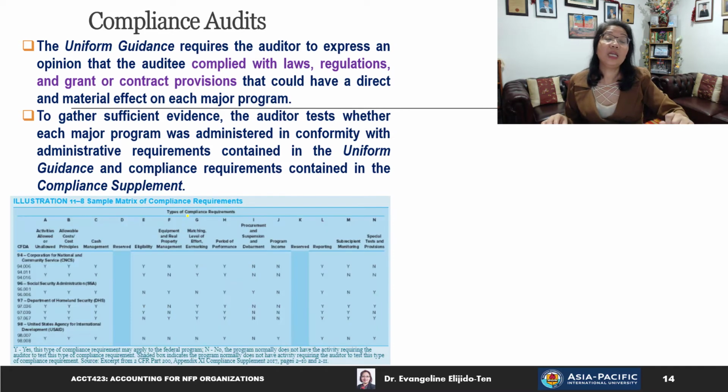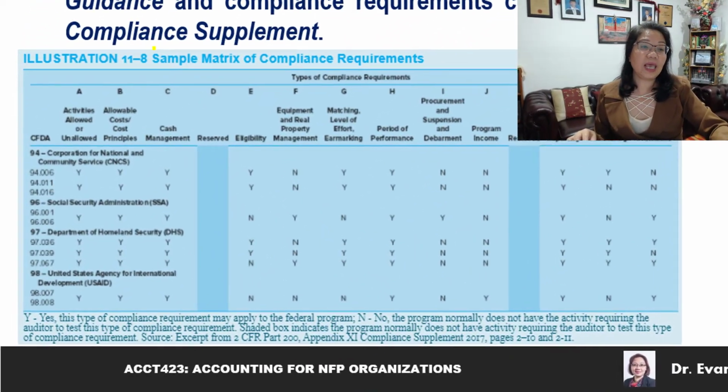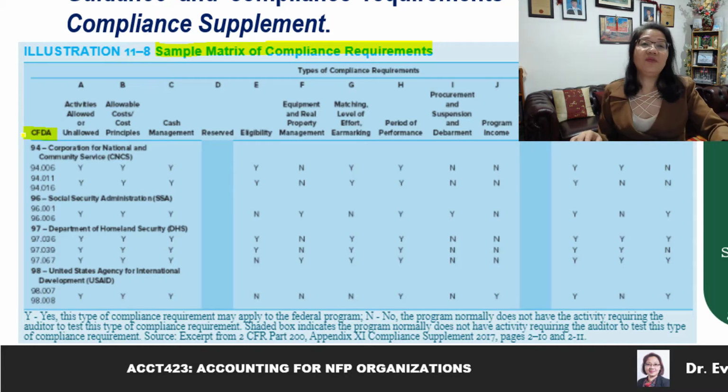In illustration 11-8, it shows a sample matrix of compliance requirements. You will see here the CFDA. CFDA simply means the catalog of federal domestic assistance.